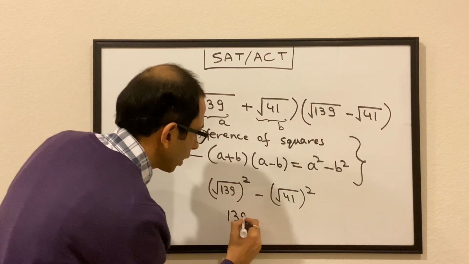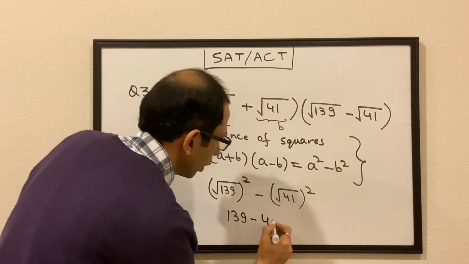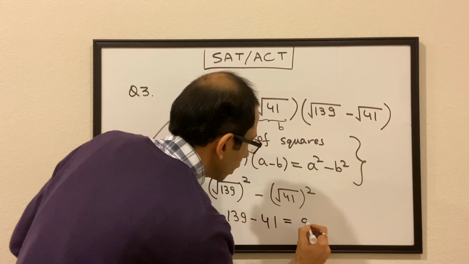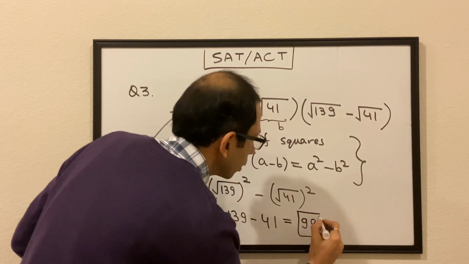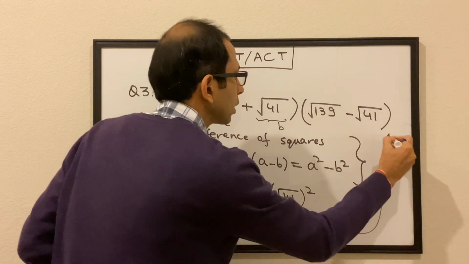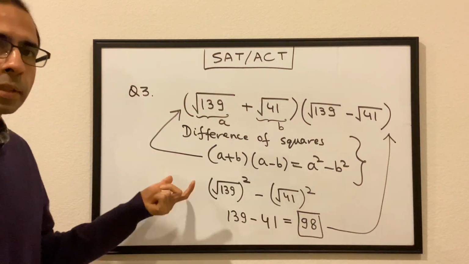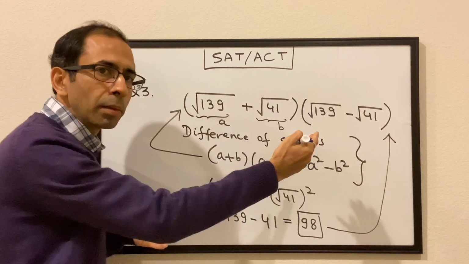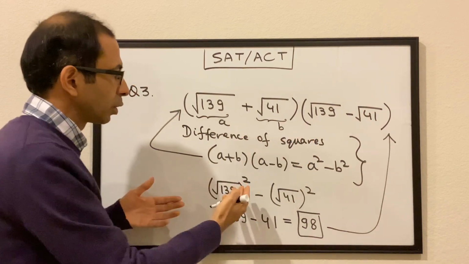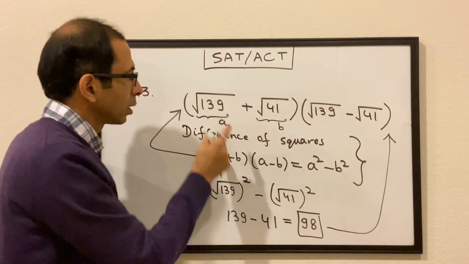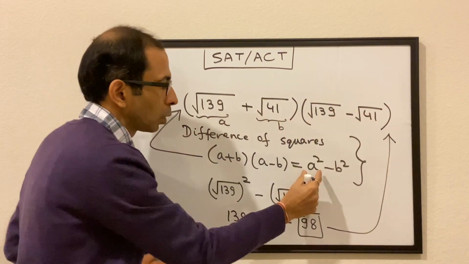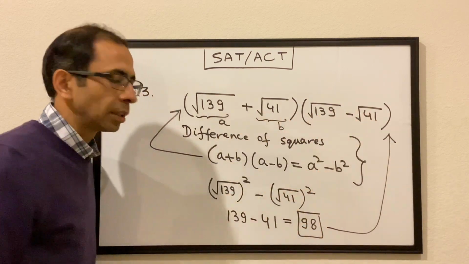So this is 139 minus 41, which is equal to 98. Again, as I said, we could have done the FOIL method, but it's straightforward to use the difference of squares. A plus b times a minus b is equal to a square minus b square, and we get 98.